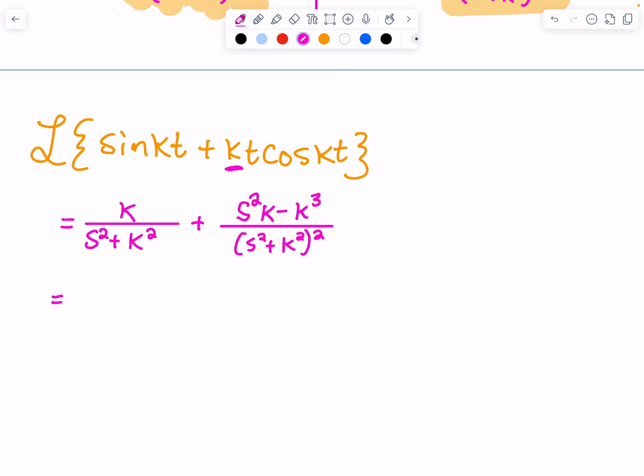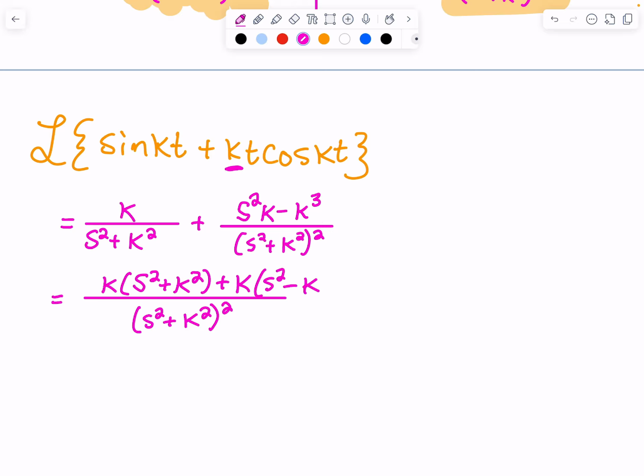I'm going to get a common denominator here, which is going to be s squared plus k squared squared. And then I needed to multiply the first fraction by another s squared plus k squared. And then I'm actually going to factor the k back out. I know we distributed it, but I do that often where I'll move forward and then realize I didn't need to do that.